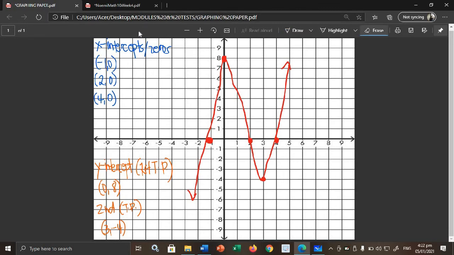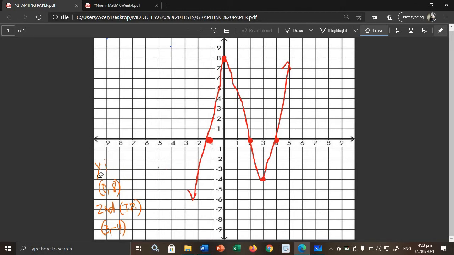But then, I am going to require you to write the characteristics of the graph. So, I'm just going to erase everything here. So, yan yung itsura ng graph dapat.